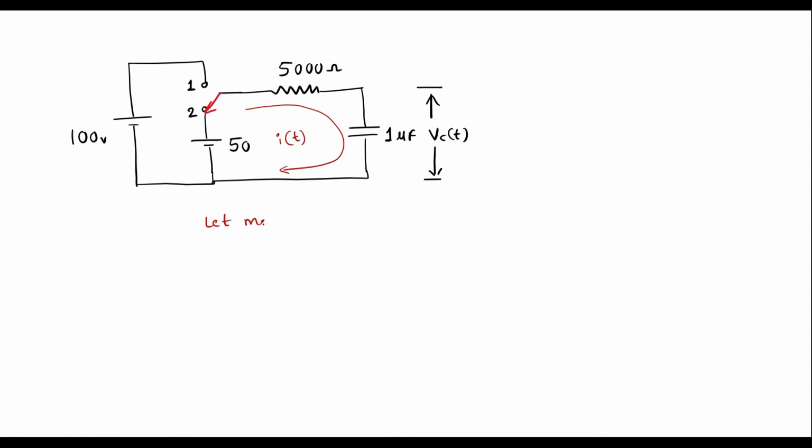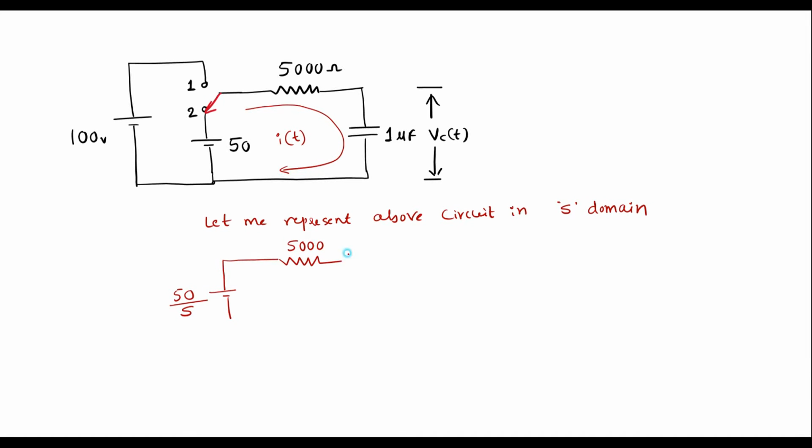Let me represent the above circuit in S domain. So in S domain, this 50, a constant, can be represented as 50 divided by S. And here we have a resistor. The resistor should be kept as it is, that is 5000.